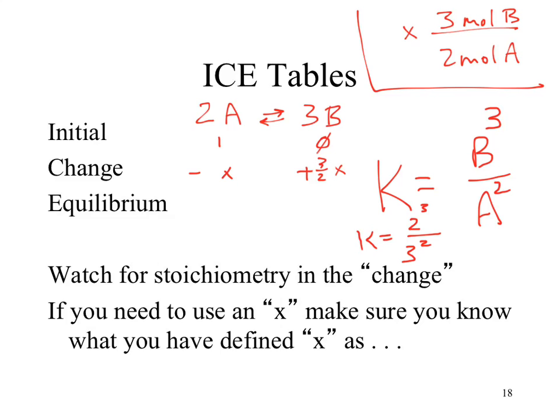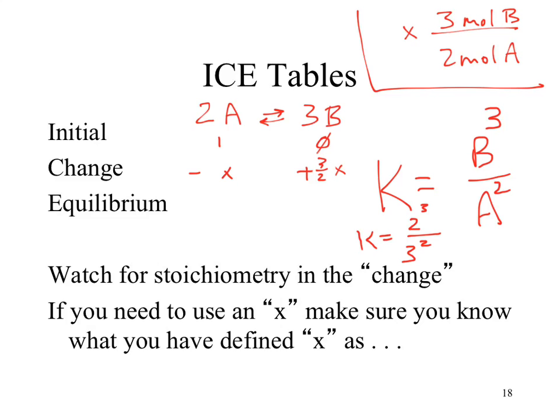To make sure that what you establish x to be accounts for all of your conversions. Okay? This becomes important when we look at equilibrium. Well, when we look at equilibrium problems, also with acid-base problems, if you put in an x and you end up needing to solve for that x value, you need to know what you set x to be.